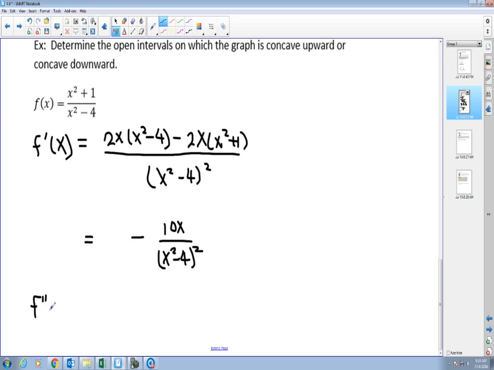So f double prime: derivative of the top, that'll just be negative 10, times the bottom, minus derivative of the bottom.